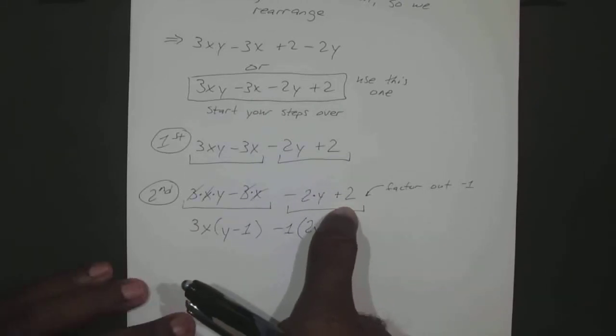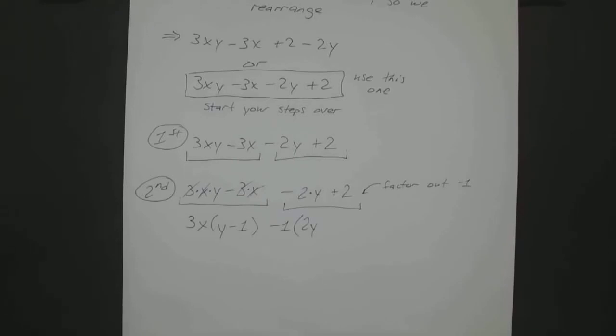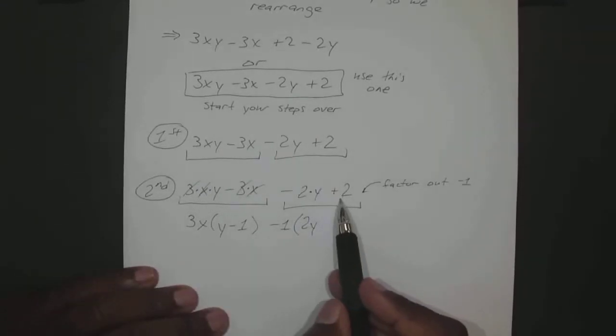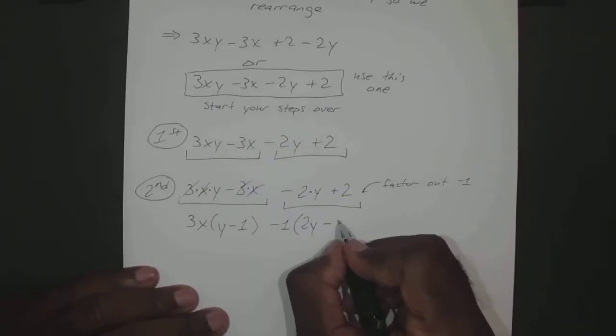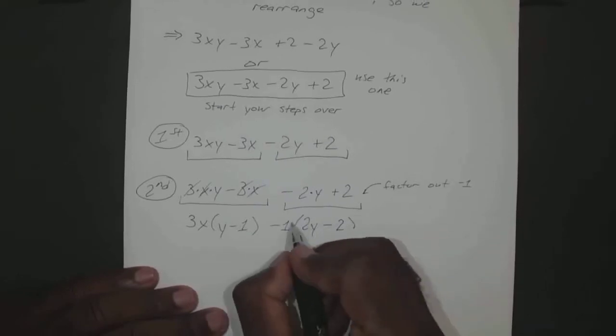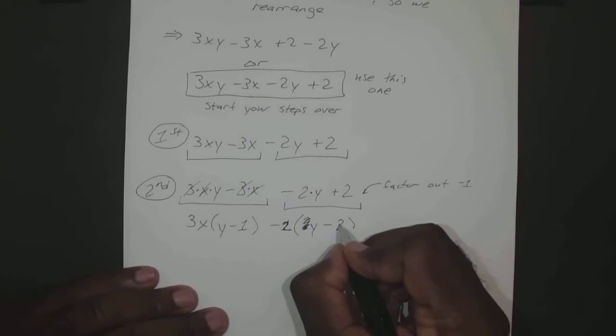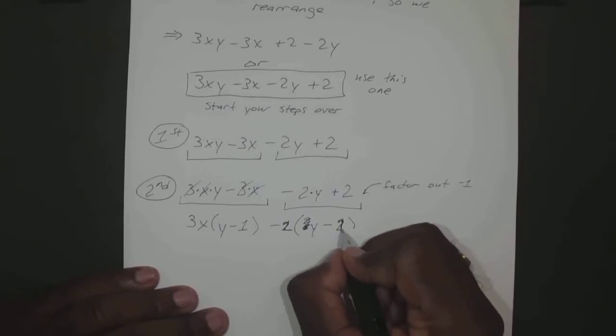But if you factor out a negative 1 there, that's like saying a negative 1 times negative 1 times 2, because the two negative 1s will become positive. So if you factored out a negative 1 here, that actually will become minus 2. Sorry about that. So that should be y minus 1.